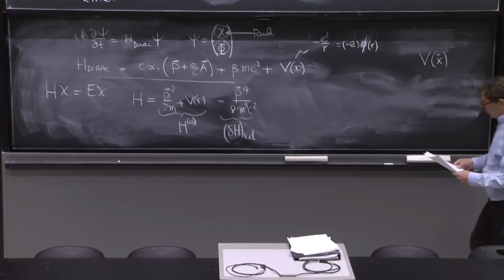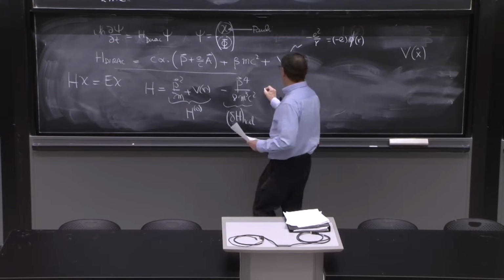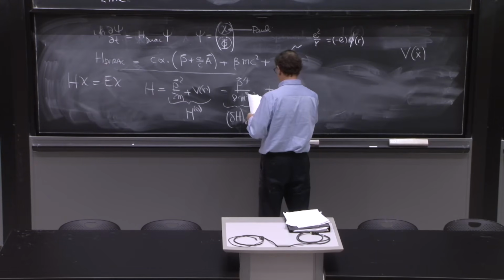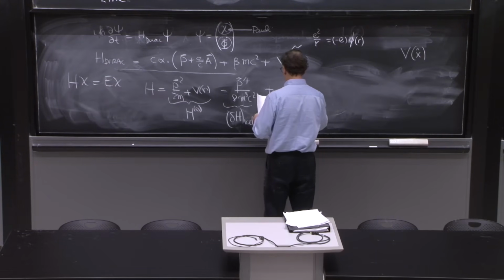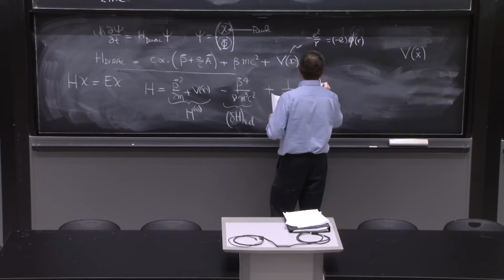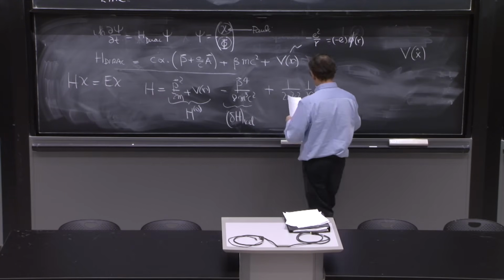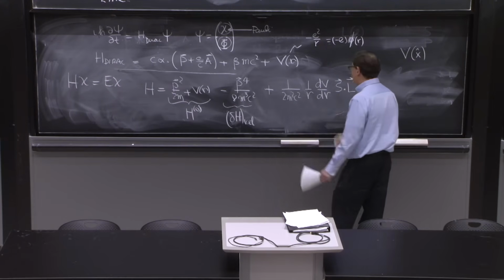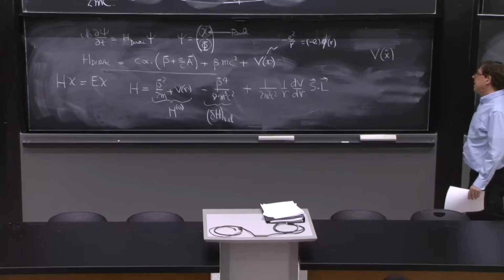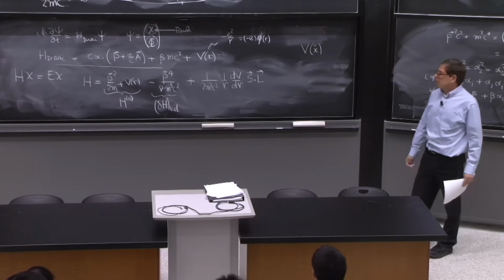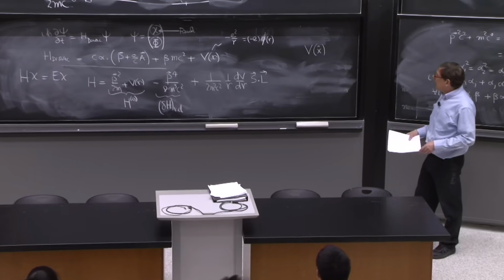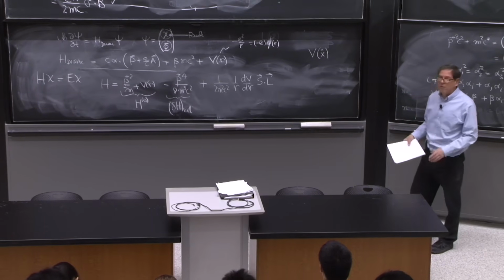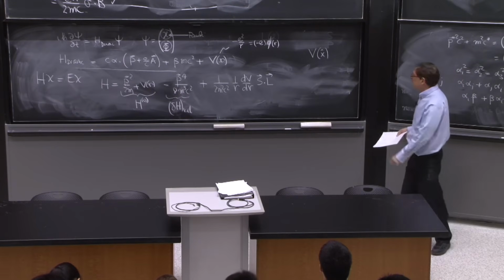And then you get this term that corresponds to spin-orbit coupling that also shows up. 2m squared c squared 1 over r dV dr. You've studied this thing and you gave a heuristic explanation for it. That's another term. It's kind of difficult to get the right value by simple arguments. You always get it off by a factor of 2 that is associated to Thomas precession.